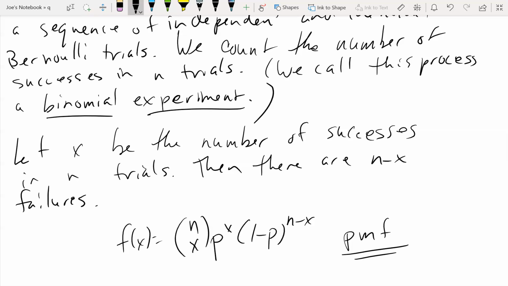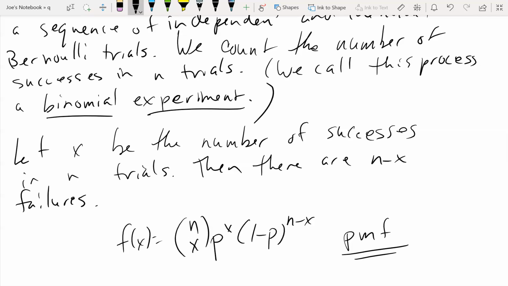So again, just the different pieces, what they mean, just to go through it again. Ignore the n minus x for the time being. P to the x, there's x successes, they're all independent. So I find the probability that they all happen by multiplying them all together. But that's not the only thing that happened. So if we had x successes, we had n minus x failures. We find the probability by multiplying them all together. This is just one big, long and probability using independence.